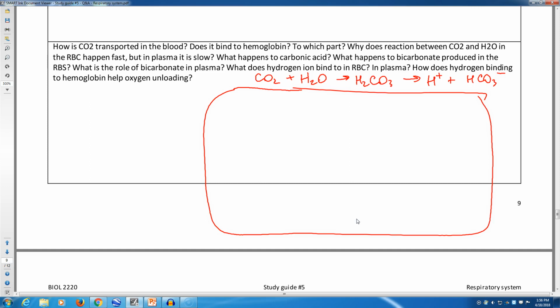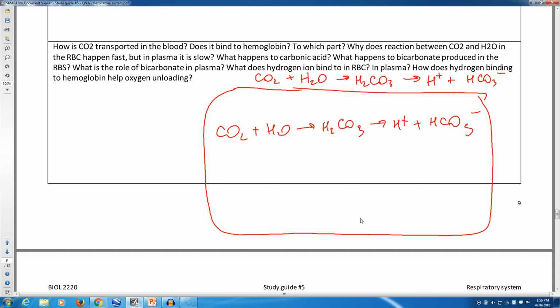What happens in the red blood cell? Same. You can say the same, right? The same exact stuff happens in the red blood cell. Is it fast or is it slow?